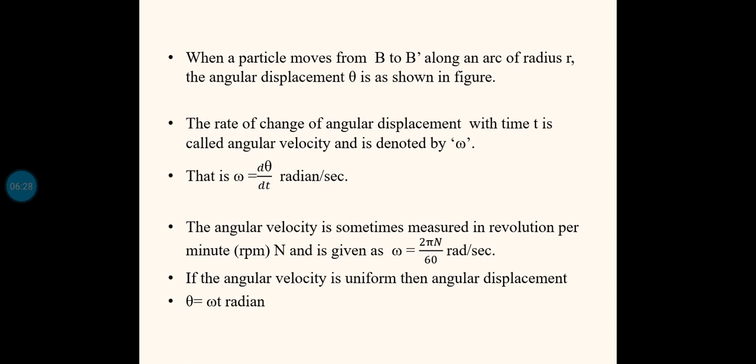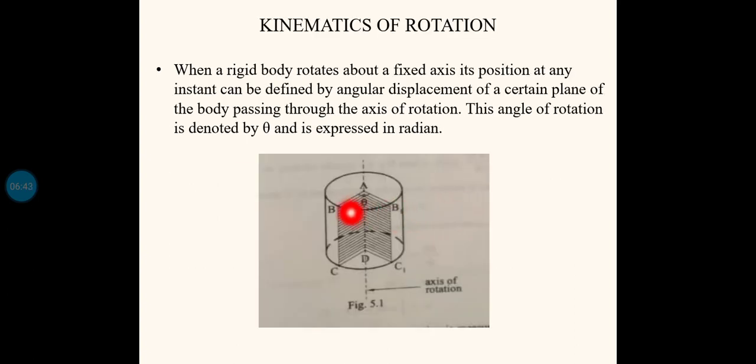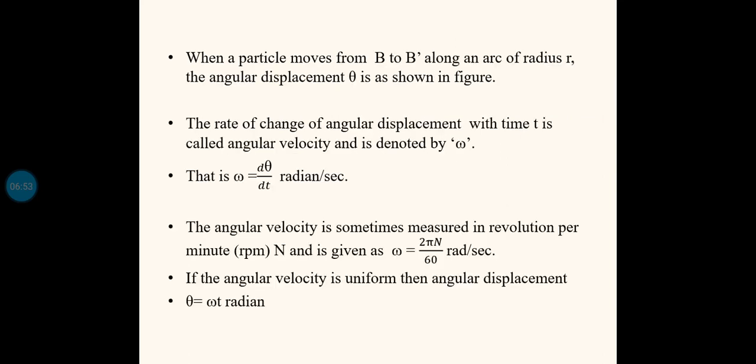The rate of change of angular displacement with time is called angular velocity. We have studied in the linear case also, rate of change of displacement is velocity. Here also it is the rate of change of angular displacement with time t. Here the particle is moving from B to B dash, the displacement is theta radian, and the time taken is t.